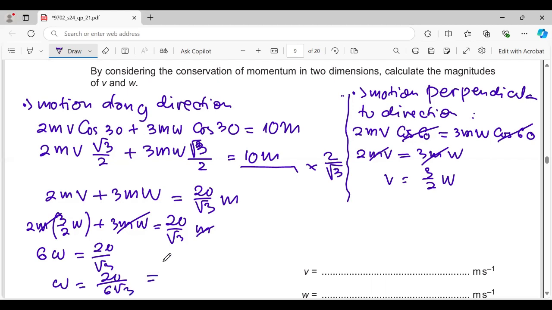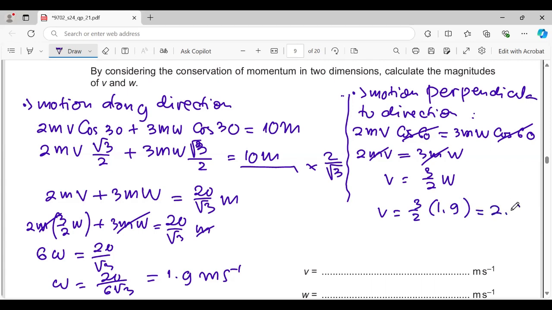W equals, I will calculate first, it is 1.9 meter per second. And how about V? V equals the half times 1.9.